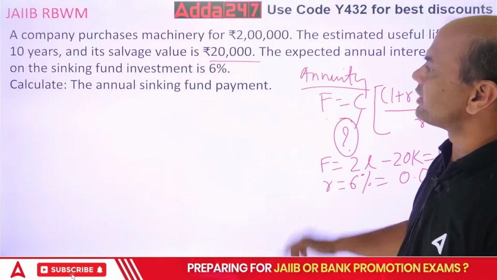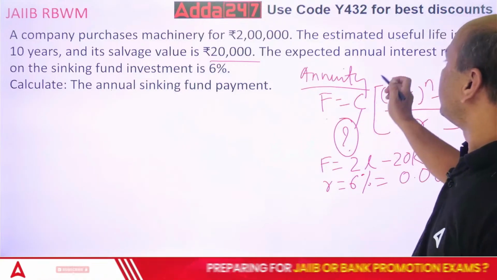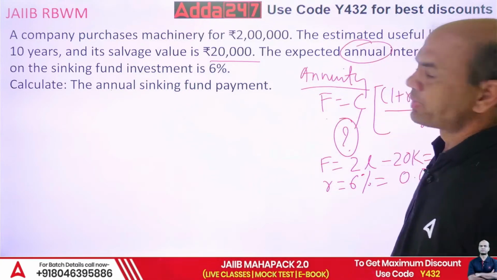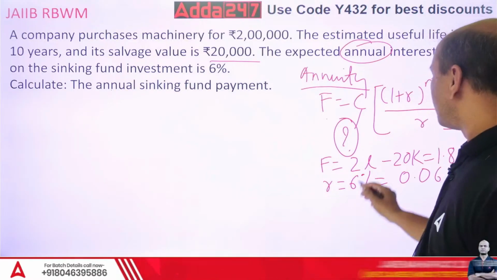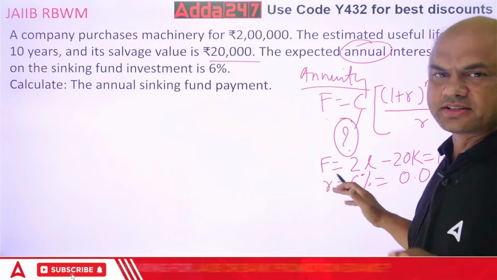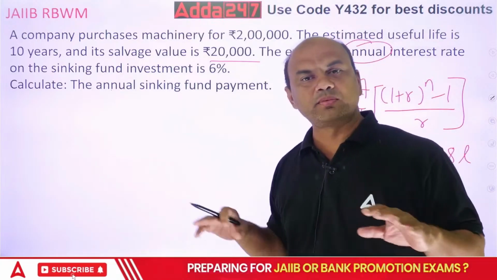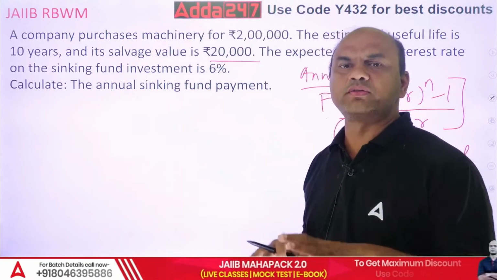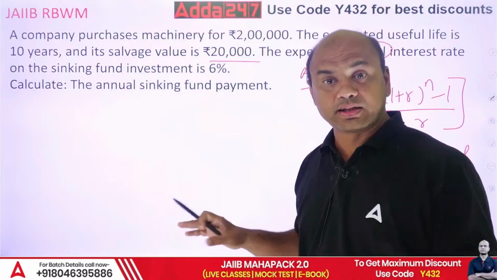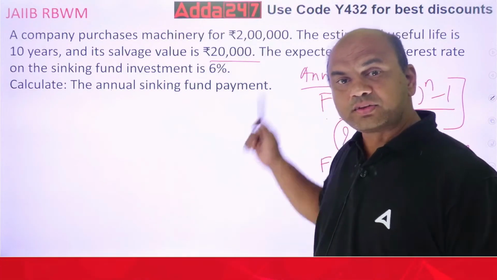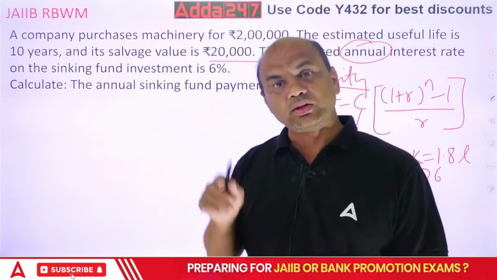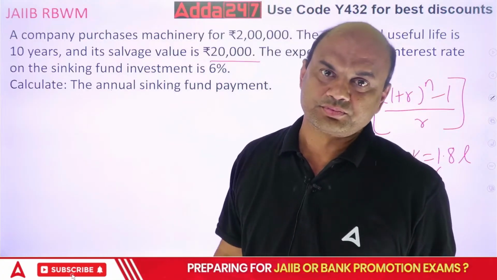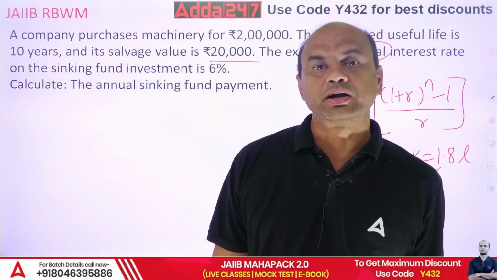You want it annual, so as you want it annual, you will not make any change. You will keep it as it is. You will not divide it by 2, 3, 4 or anything. If they are asking you quarterly, then you divide it by 4. Here you will not divide it by anything.